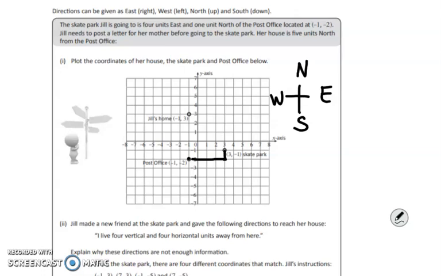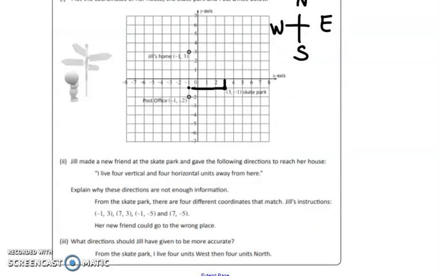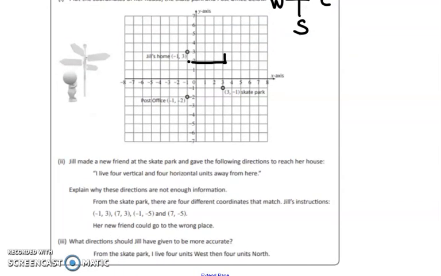So Jill makes a new friend at the skate park, and she gives the following directions to reach her house. "I live 4 vertical and 4 horizontal units away from here." Now, the question it's asking is, first of all, explain why these directions aren't very good directions.